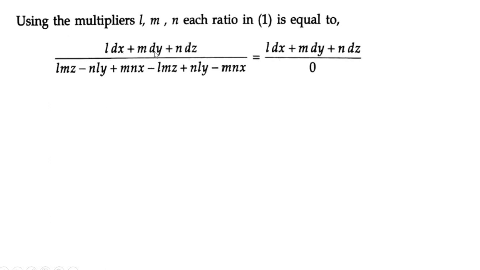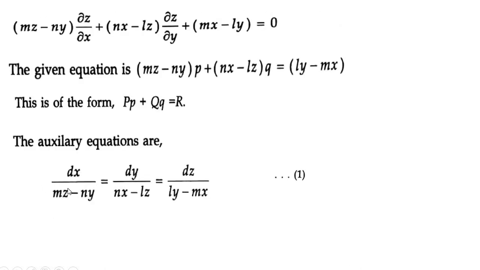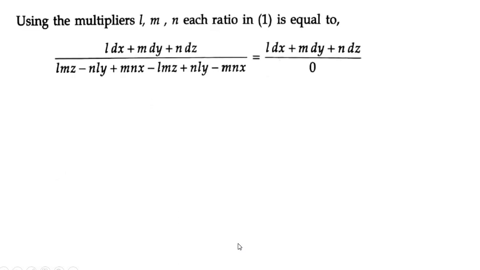I'll use the multipliers L, M and N because in the previous step you have M, Z minus N, L. What is missing here? L is missing, right? So I'll use a multiplier L. Here you have N and L. What is missing here? M is missing, right? So I'll use a multiplier M, and for the last term I'll use a multiplier N. So I'll use the multipliers L, M and N.